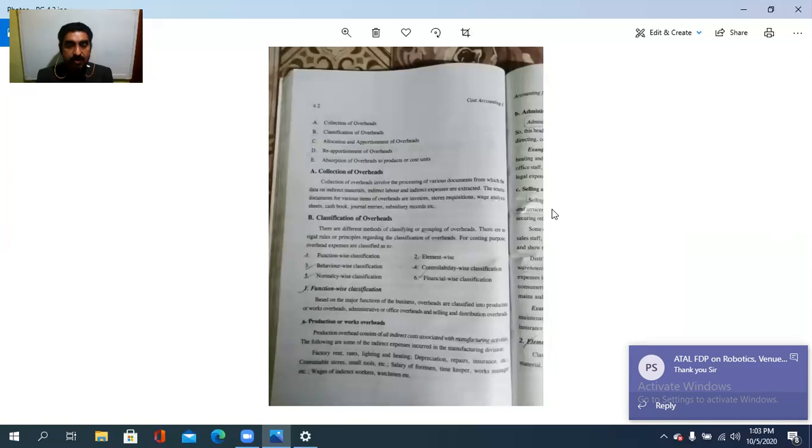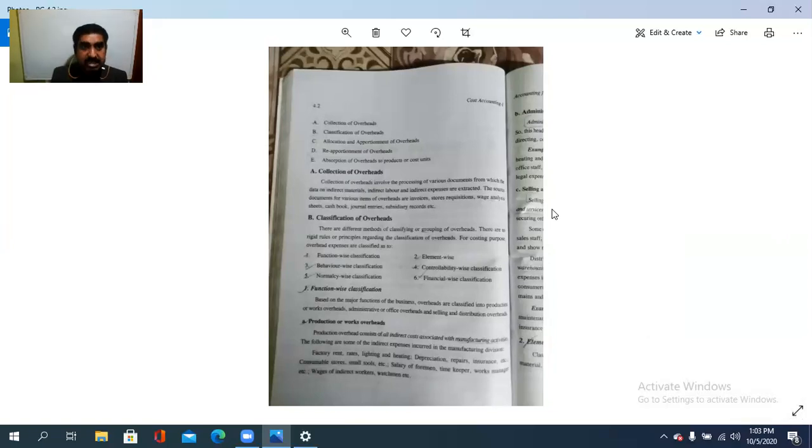Then we see allocation or apportionment of overhead, or the physical distribution of overhead. How is the overhead to be physically distributed? Allocation means allocating each and every overhead, based on the functions performed, to each production department or different department. While apportionment means that, on a proportionate basis, these allocated figures are to be shared among different departments.